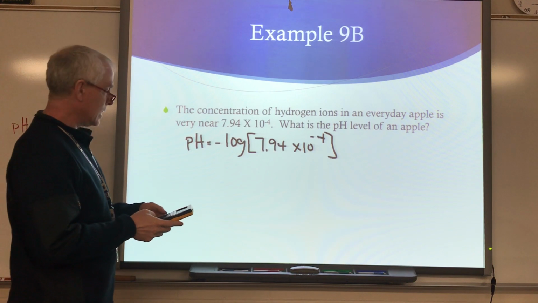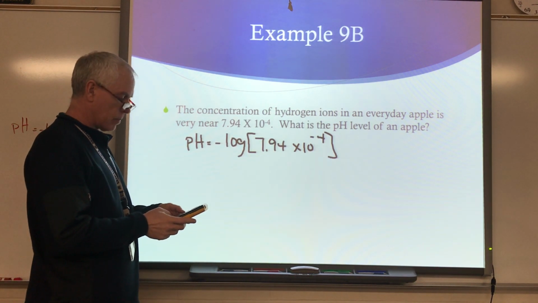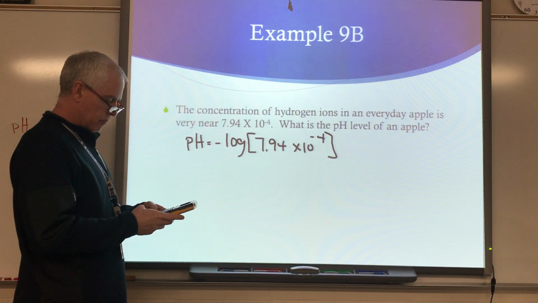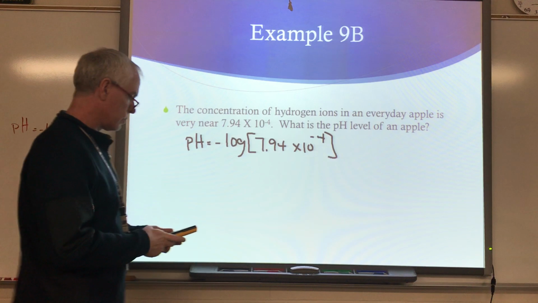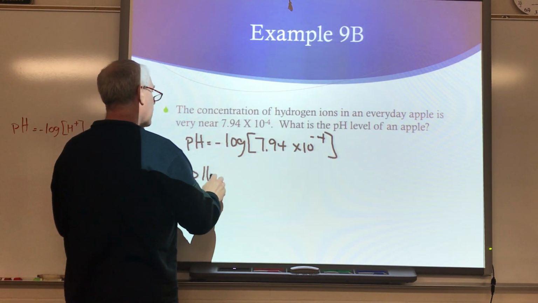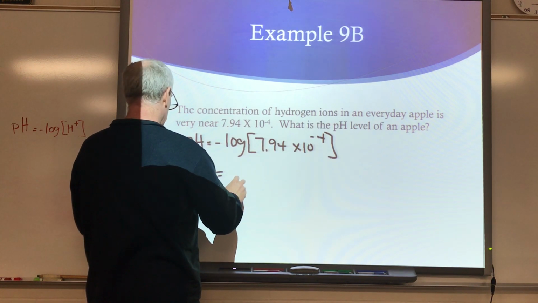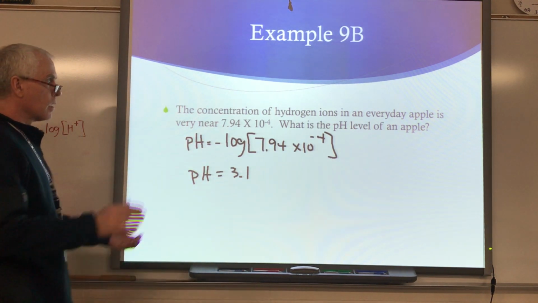Above your comma is an EE button, and it's engineering form, but it means times 10 to this. So I'm going to go E and then negative 4. So times 10 to the negative 4th. Or you can just write it in exactly the way you see it there. Either way, I get the pH of that apple to be 3.1. Okay? All right.